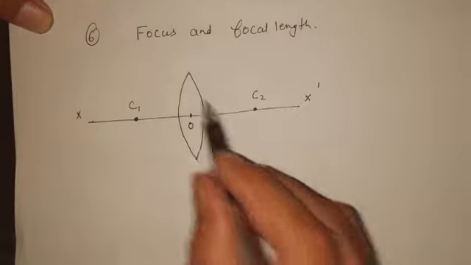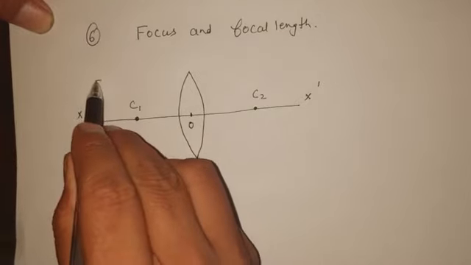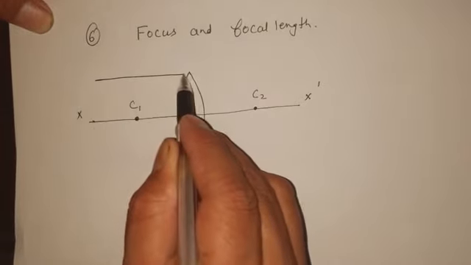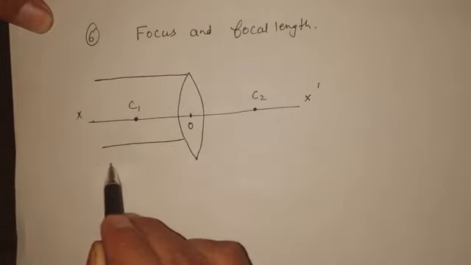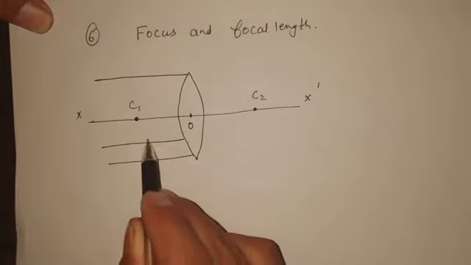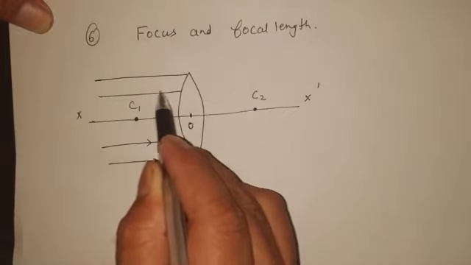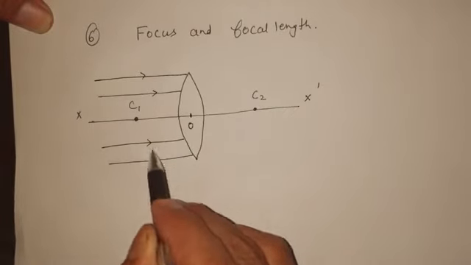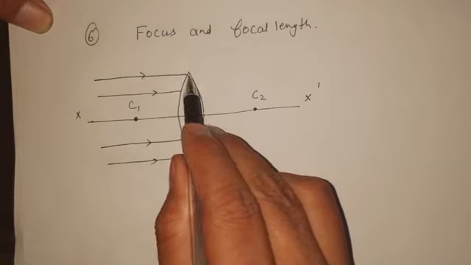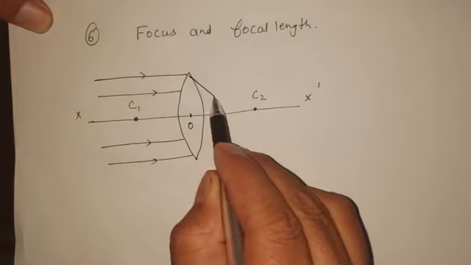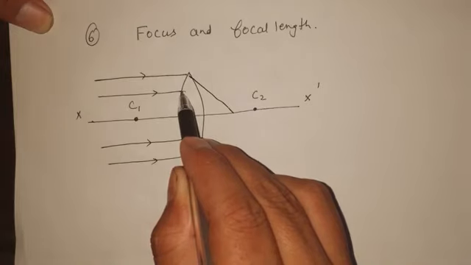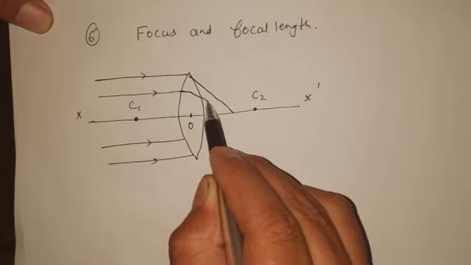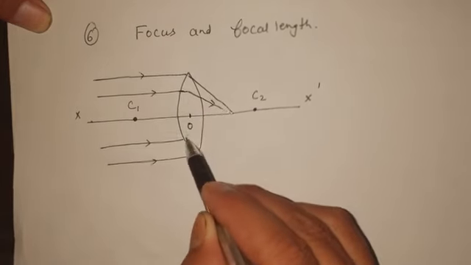That point is the focus, or you can call it the principal focus. So the principal focus is the point on the principal axis where all the rays which were parallel to the principal axis meet after refraction.